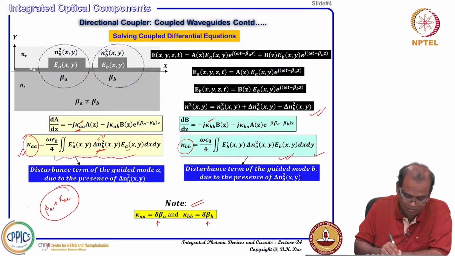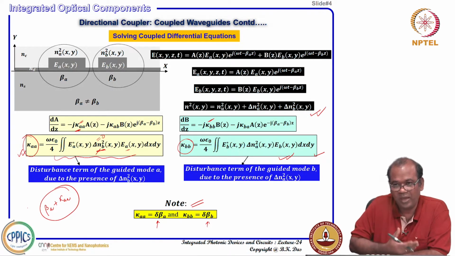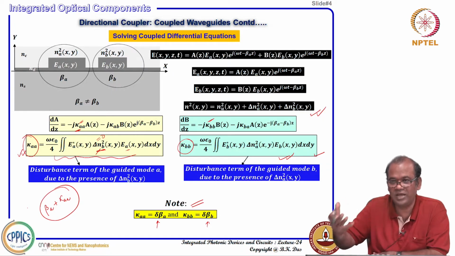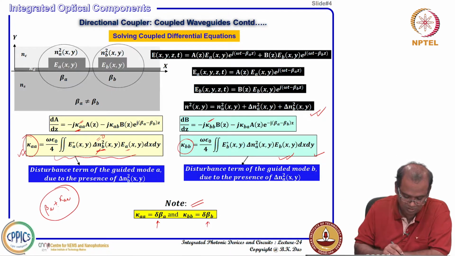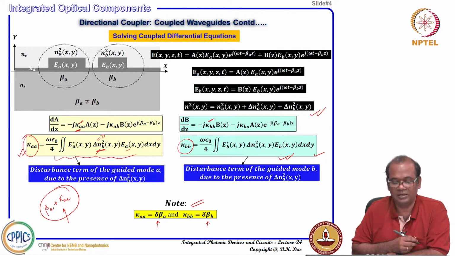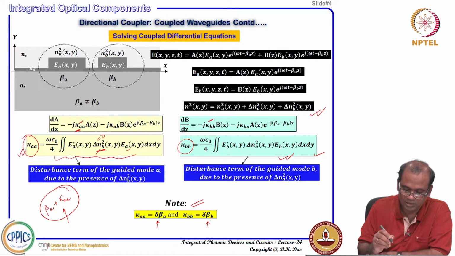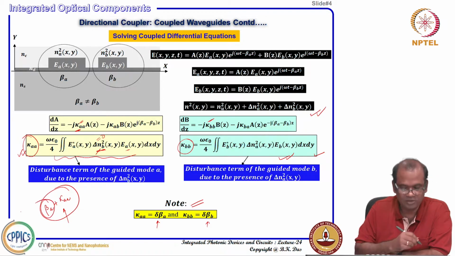That means, if you treat how the phase of the field in waveguide A changes as a function of length, that is actually the propagation constant. If there was no second waveguide, the propagation constant was beta A, but with the presence of the second waveguide, this kappa A will be added.